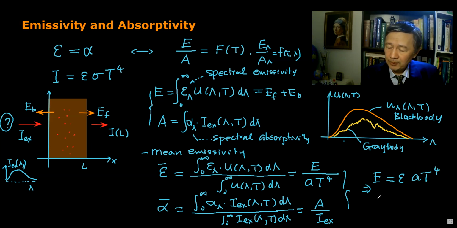So for absorption energy, again, this will represent the black body radiation, and we can put the average sign here. And absorption is equal to the mean value of alpha.